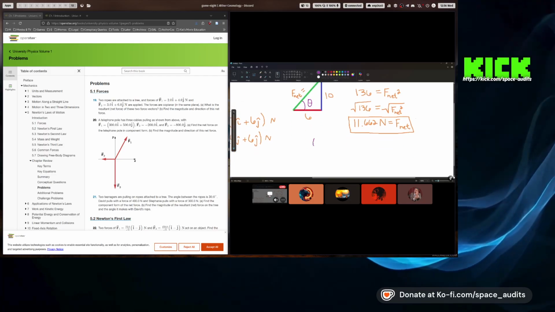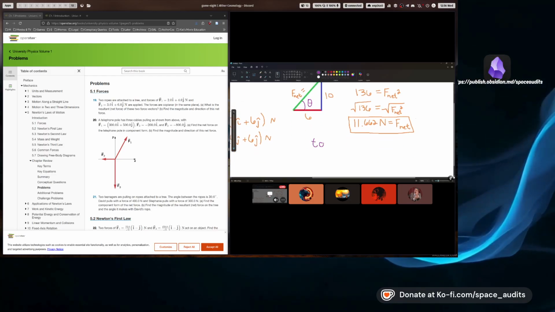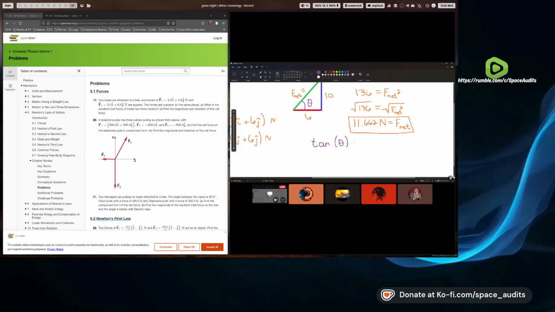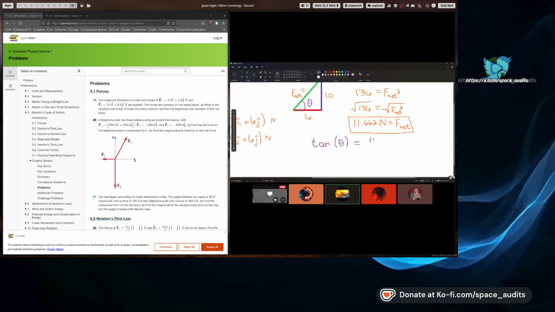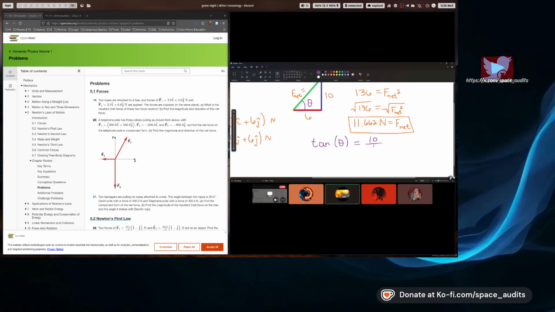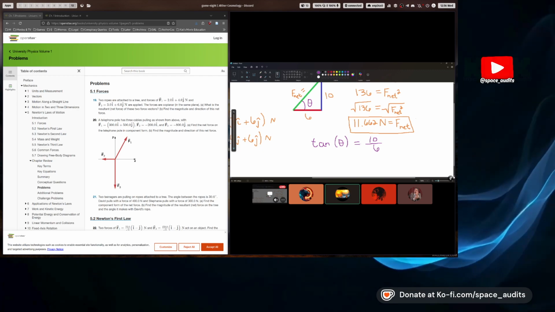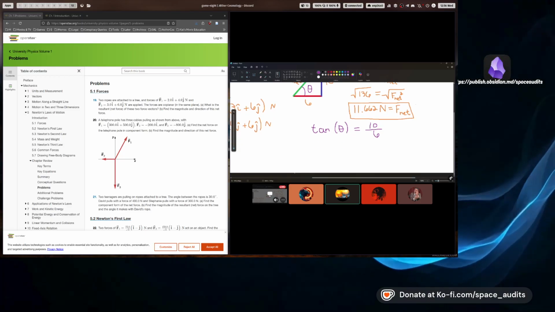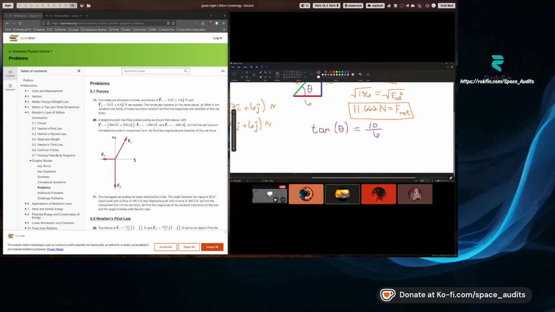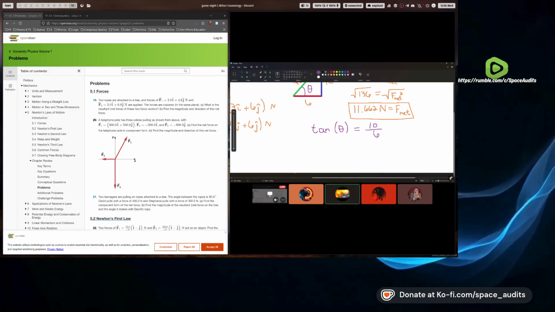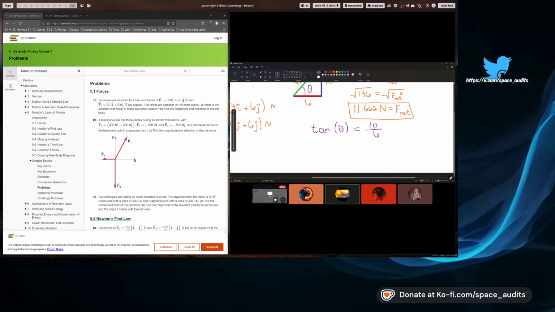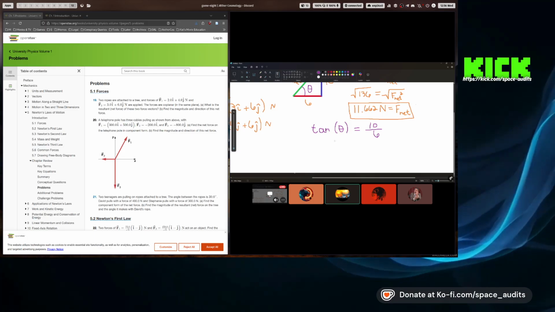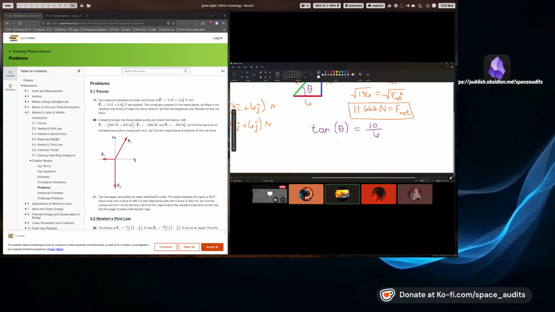So we could say tangent theta equals opposite over adjacent, 10 over 6. Now, we need to solve for theta, right? The opposite of tangent is arctangent or inverse tangent, also known as tangent to the negative 1.